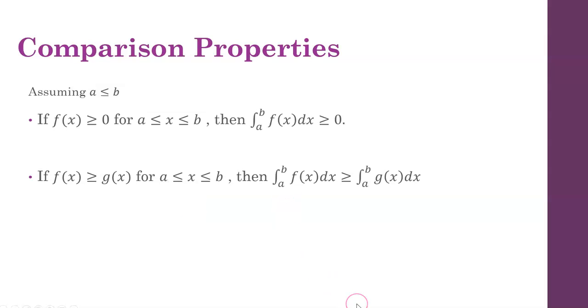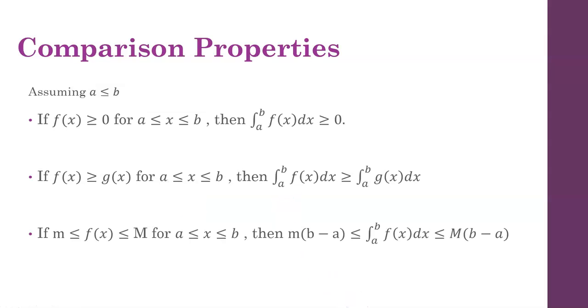And the last property we're going to look at says if I have a function that's sandwiched between two values, lowercase m and uppercase M, so it's bigger than some minimum and smaller than some maximum, somewhere between two fixed numbers in the interval, then its area is going to be between the areas of the two rectangles that would be formed, right?